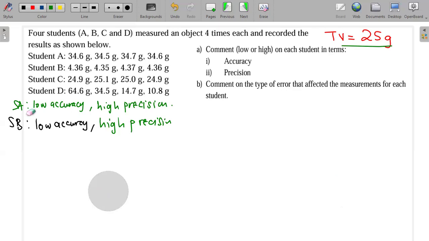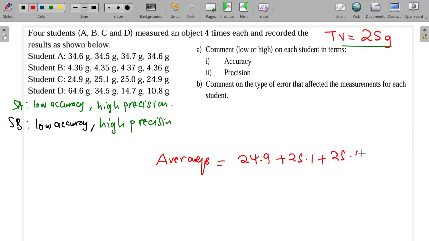What about student C? For student C, let's find the average to check the accuracy. I have 24.9 plus 25.1 plus 25.0 plus 24.9. I divide all this by 4. Let me punch this in; do it on your own calculator as well.